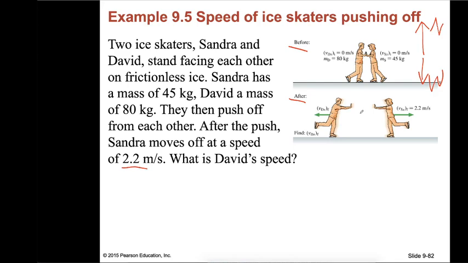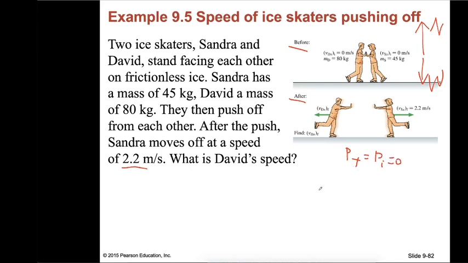There's no external force, so this is an isolated system. Then the total momentum should stay the same. It should be zero too. So in this case, P doesn't change. P final equals P initial equals zero.